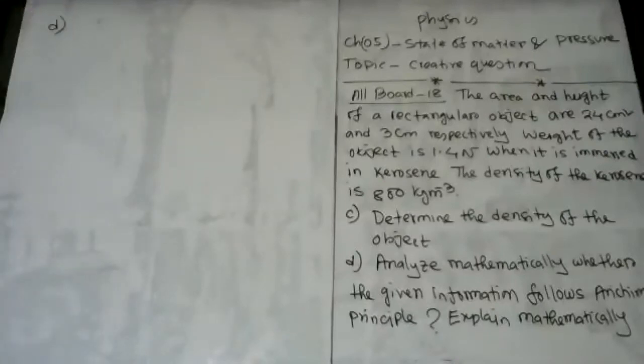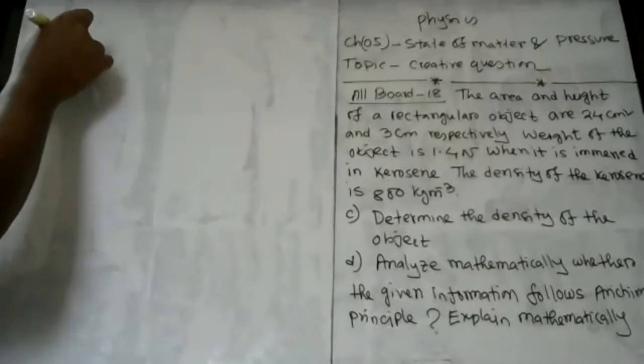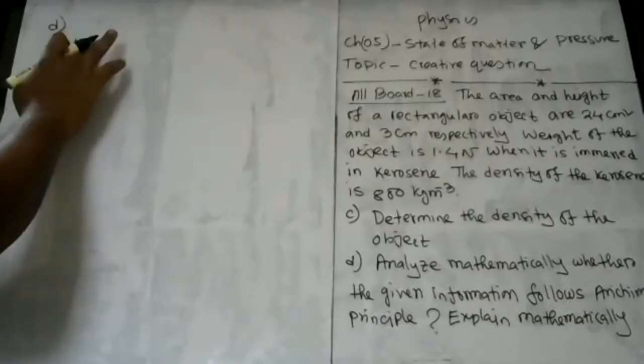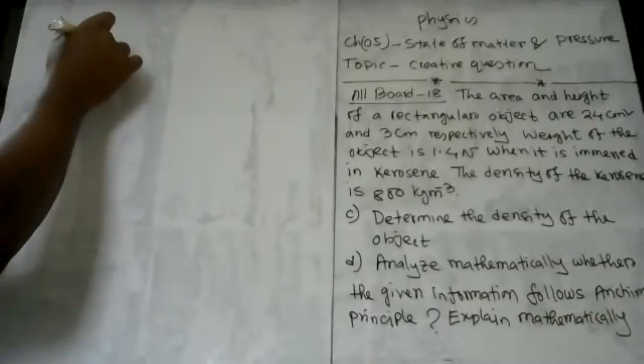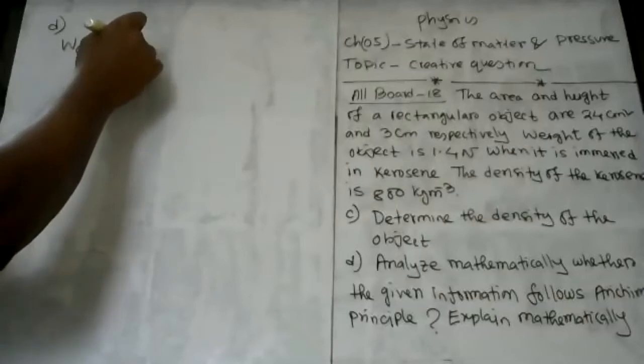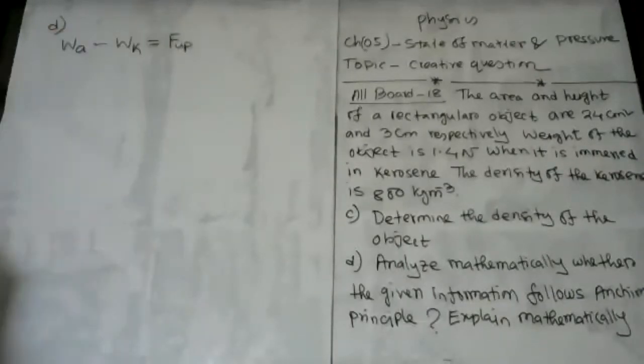You know that according to Archimedes' law, weight in air minus weight in kerosene will equal the upward thrust. Okay, my dear student, will you call the upward thrust or buoyancy?